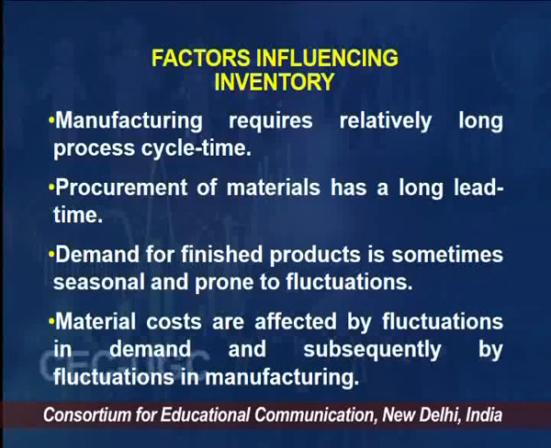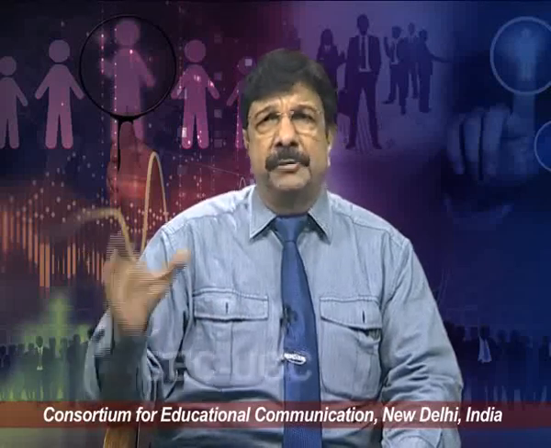Material costs are affected by fluctuations in demand and subsequently by fluctuations in manufacturing. We want to reiterate that some manufacturing has a very long cycle time, so you will have to have some inventories.